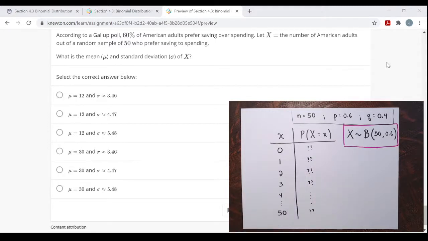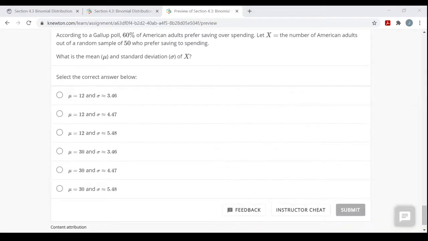And then, what's the probability that exactly one of them prefers saving over spending? And so on, right? So again, I'm not filling this in. All right. But we're asked for just the expected value, the mean of X, and the standard deviation. All right, I guess I should pull the paper back up.